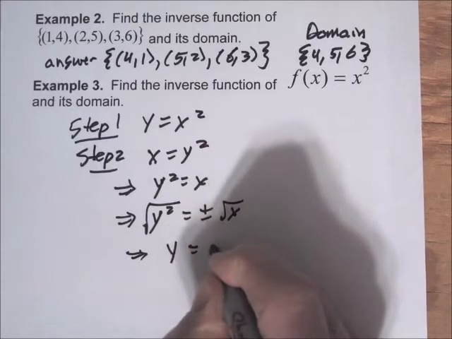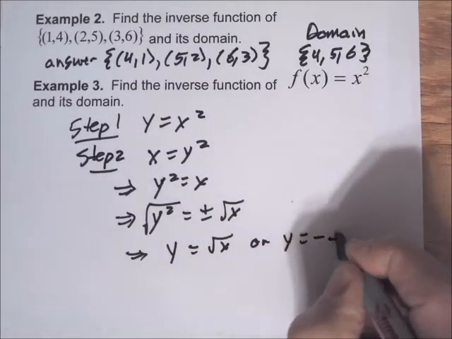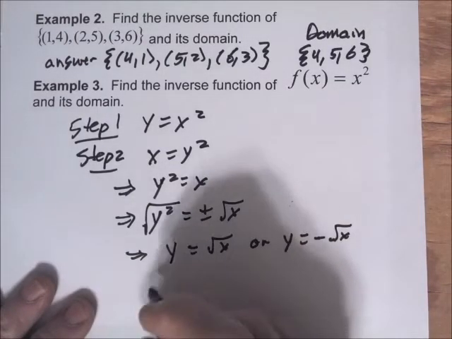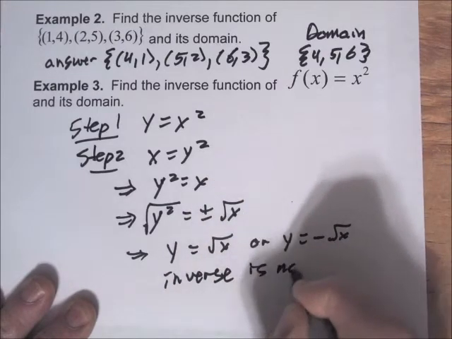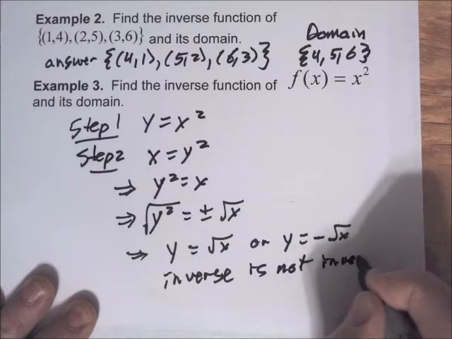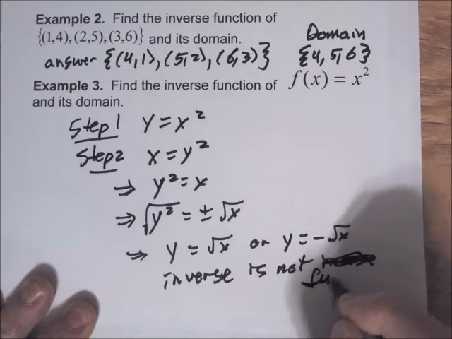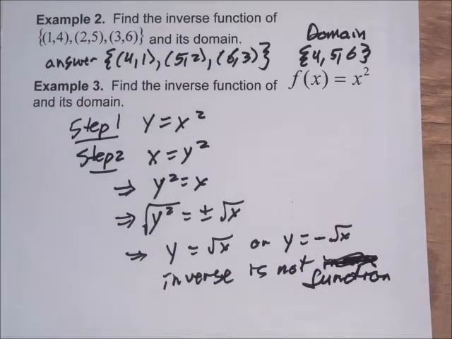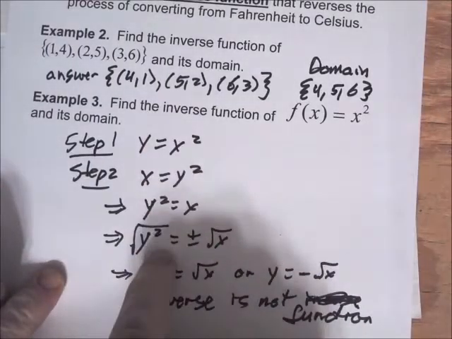And because there's 2 formulas for y here, the inverse is actually not a function. Okay, but we can follow the same procedure, and maybe we'll get an inverse, maybe we won't.